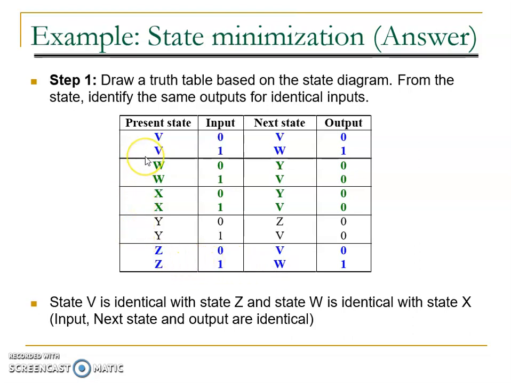And then you can see that states W and X also have identical next state and output. The next state for W is YV. The next state for X is also YV. The output is also similar, 0, 0 and 0, 0.